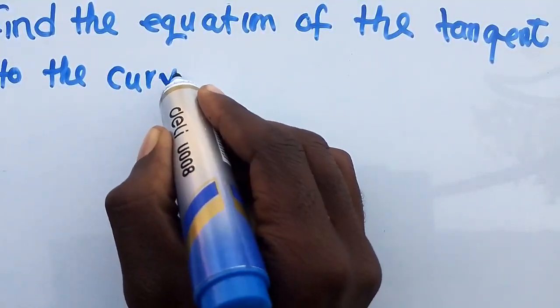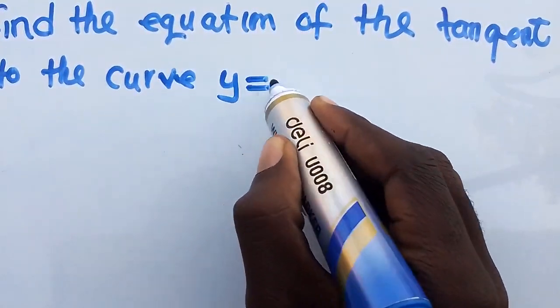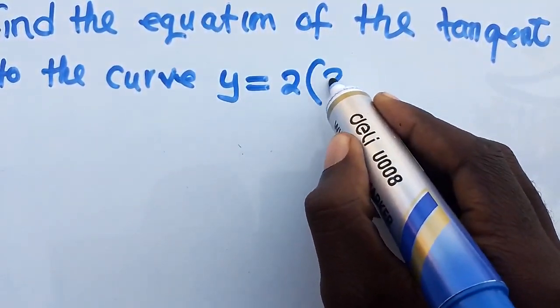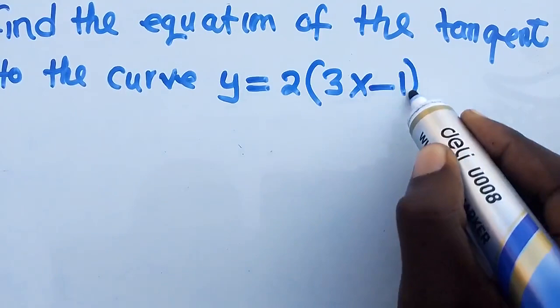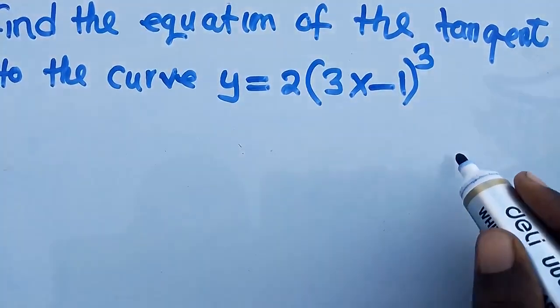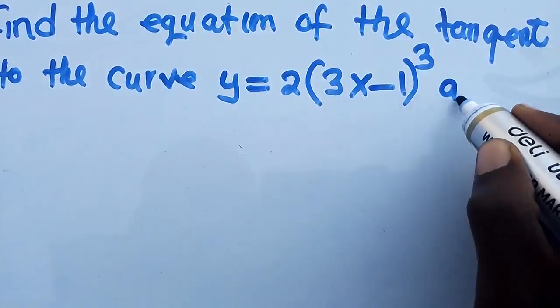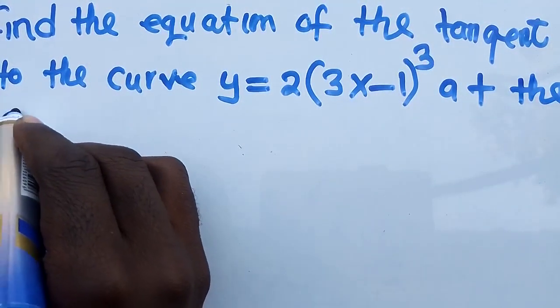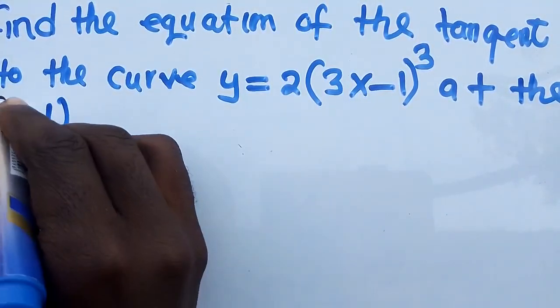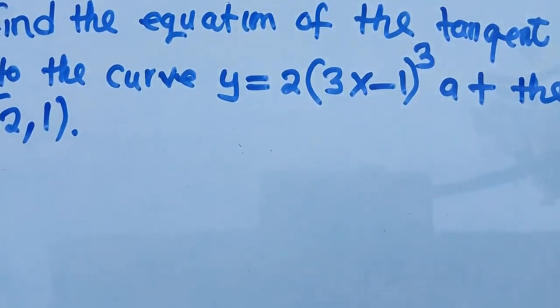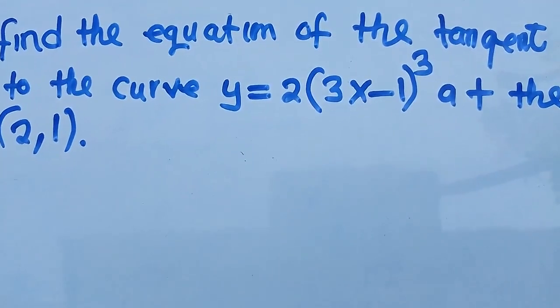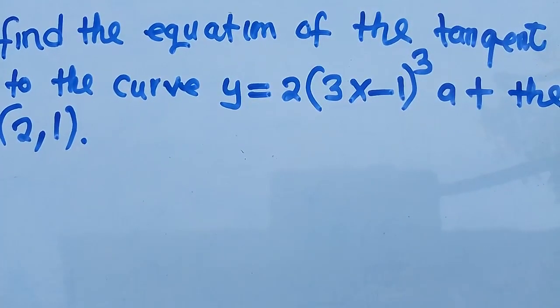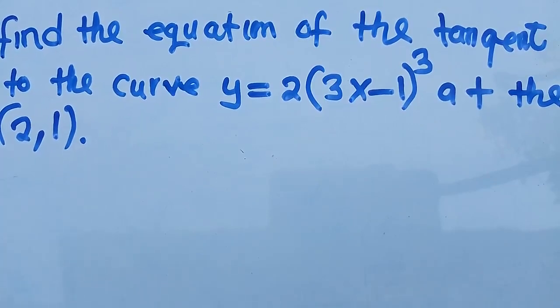This is a calculus question. You are given a curve y is equal to 3x minus 1 squared, like this, at the point 2, 1. Hope everyone is able to see this question. This is how the question is.